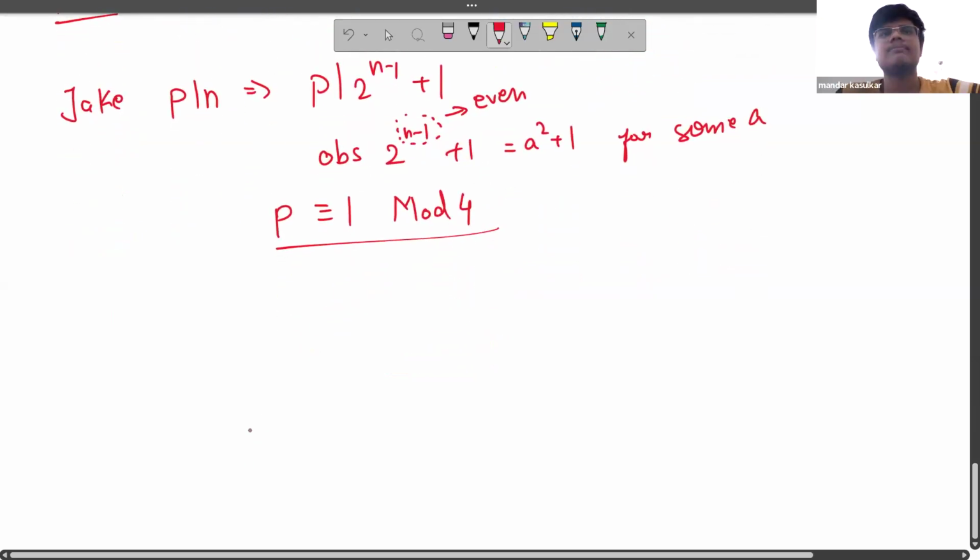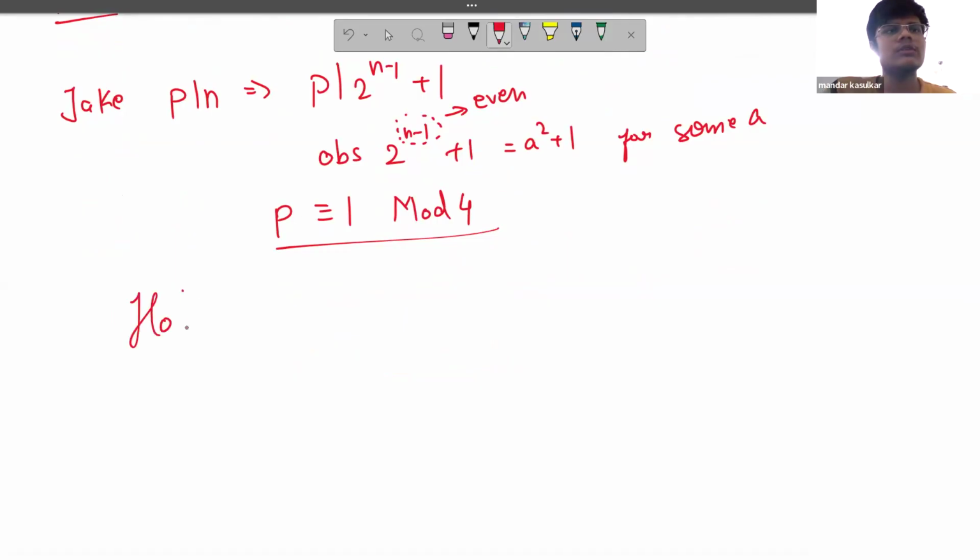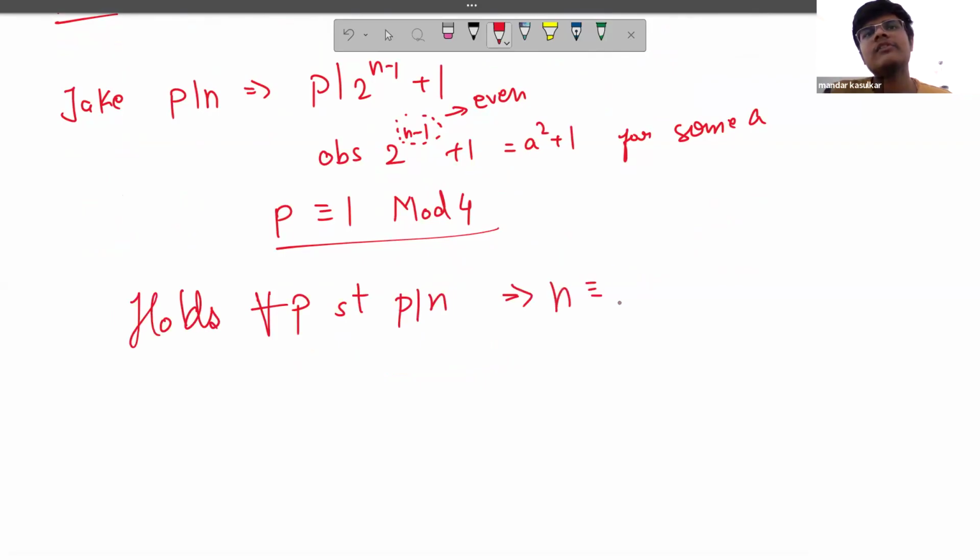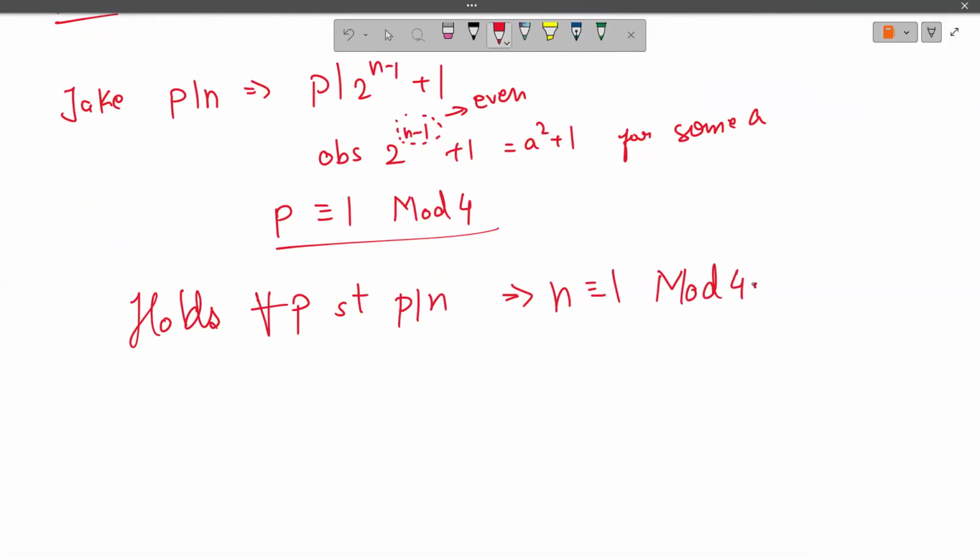Cool. So this holds for all primes P that divide n. So can we conclude that n itself has to be 1 mod 4? Yeah. Nice.